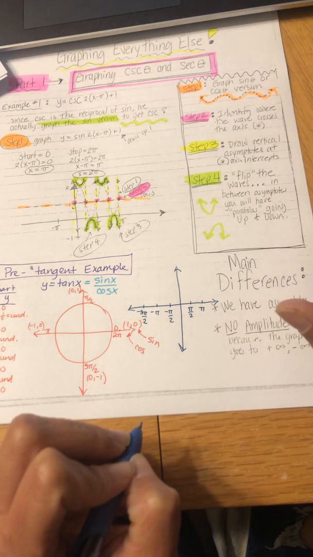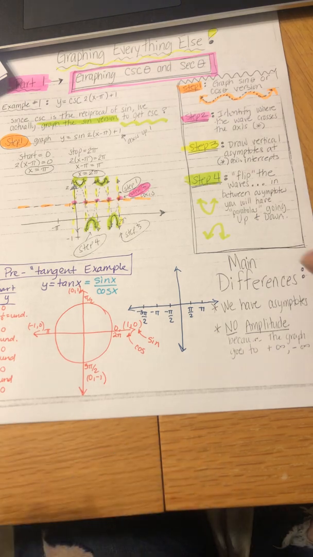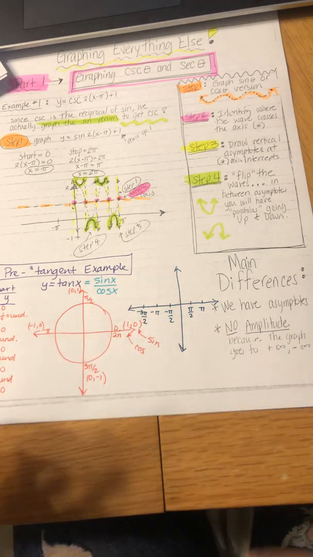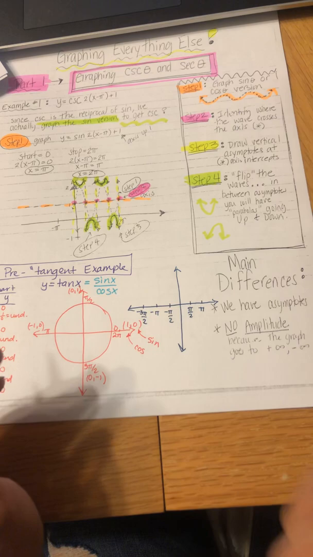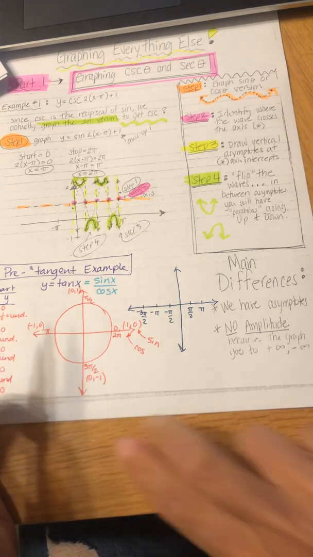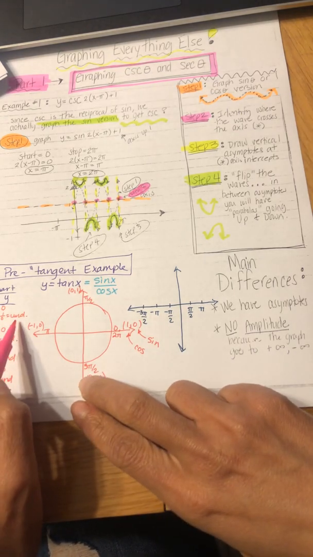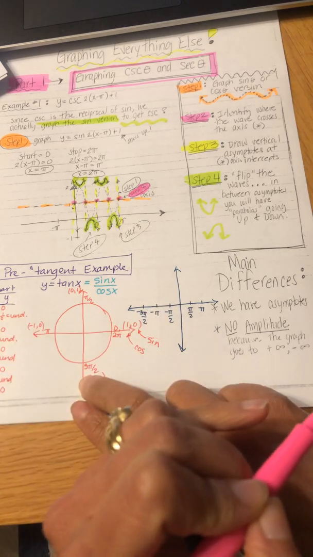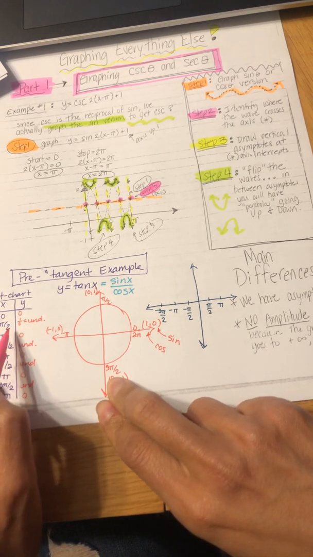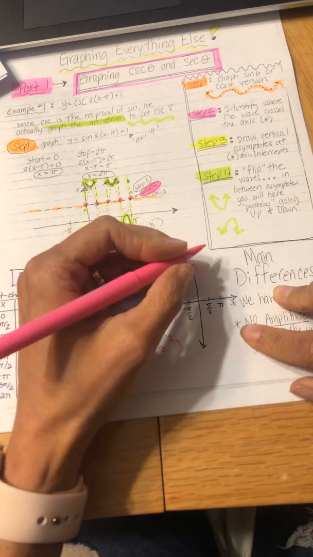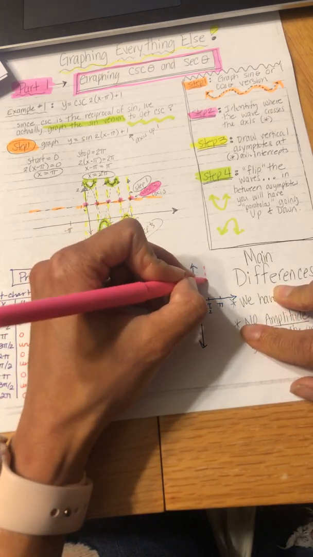Okay. So let's start with the parts that are undefined. The highlighter has a fat tip on it, so I'm going to use this marker. Pick a light neon or whatever, a light color. At the undefined points, we're going to draw vertical asymptotes. My first one will be at pi over 2, because we had it undefined at pi over 2.